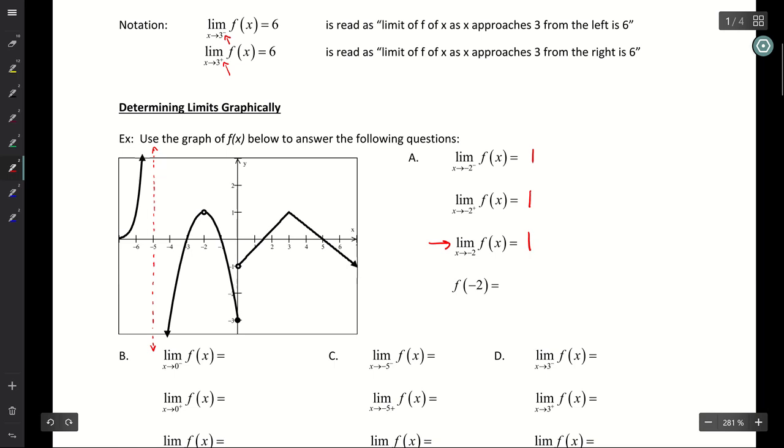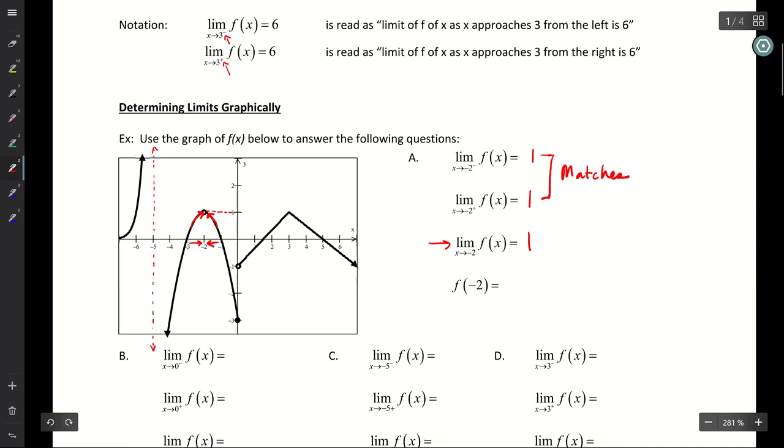When you take an overall limit, you have to look at what happens to your function both from the left, my function's approaching that, and from the right, my function's approaching that. And if you think about it, you're approaching the same y value of 1. And so if you approach the same y value, then your overall limit exists and matches whatever you have here.